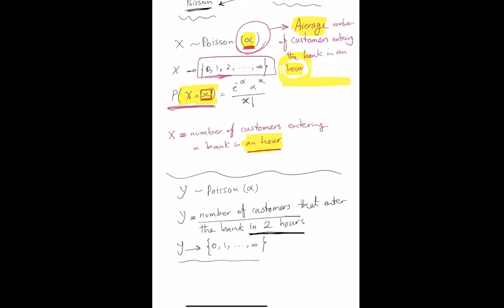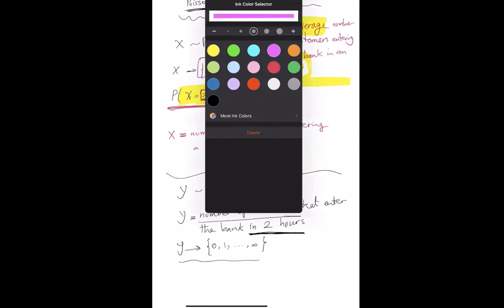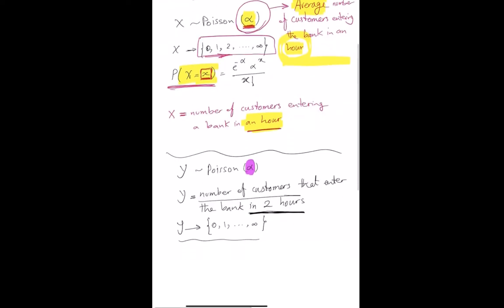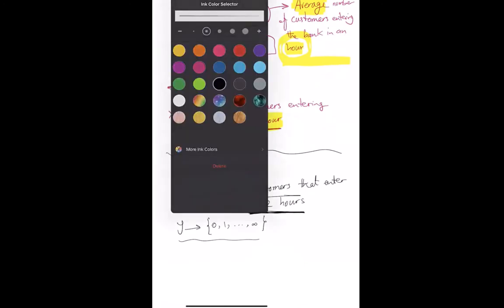So with everything we talked about so far, can you tell me how the definition of this parameter alpha is going to change here? What is alpha here? Average for 2 hours. Exactly.